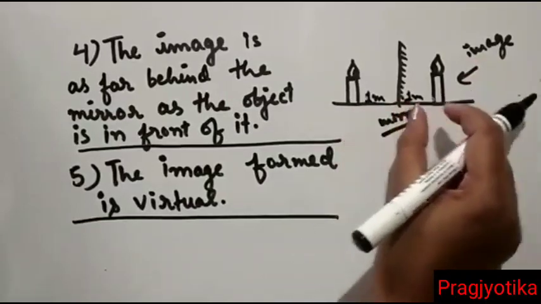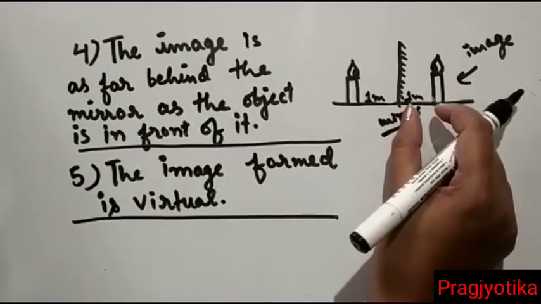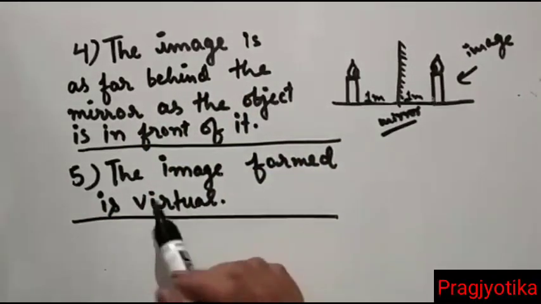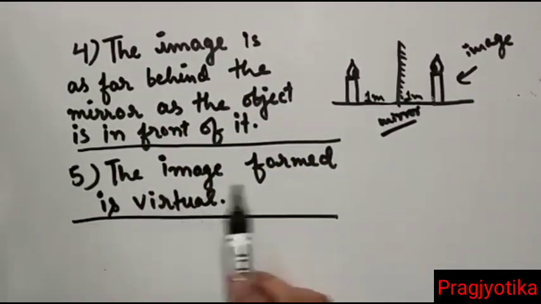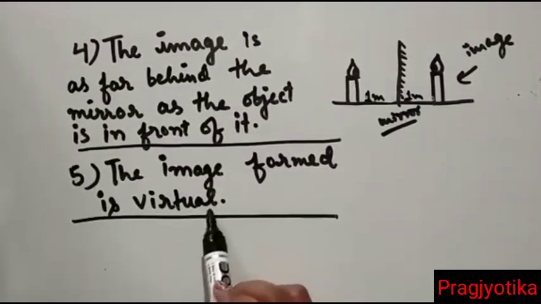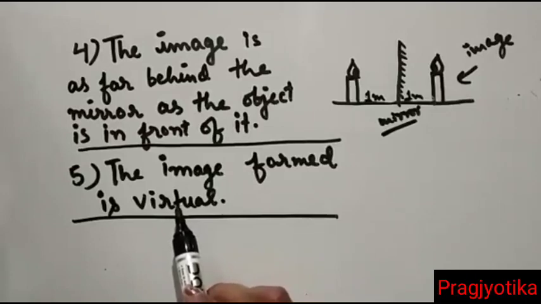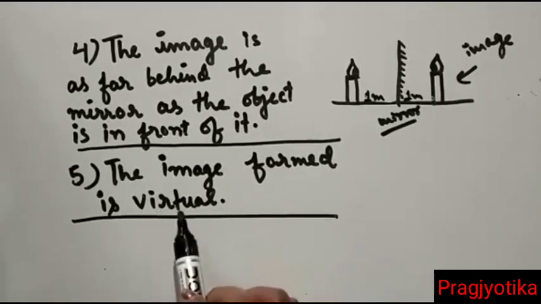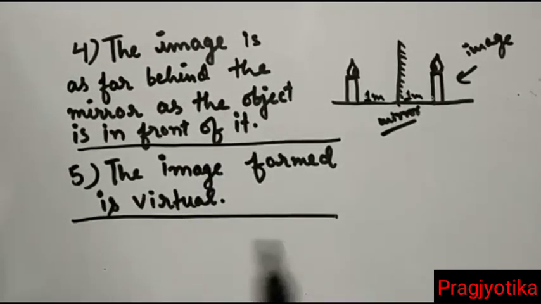So this distance and this distance will be the same. Now the fifth characteristic is the image formed is virtual. Virtual means which is not real, where reflected rays do not actually meet after reflection. This image is called virtual, and always remember that a virtual image cannot be obtained on a screen. So these are the 5 characteristics of the plane mirror.